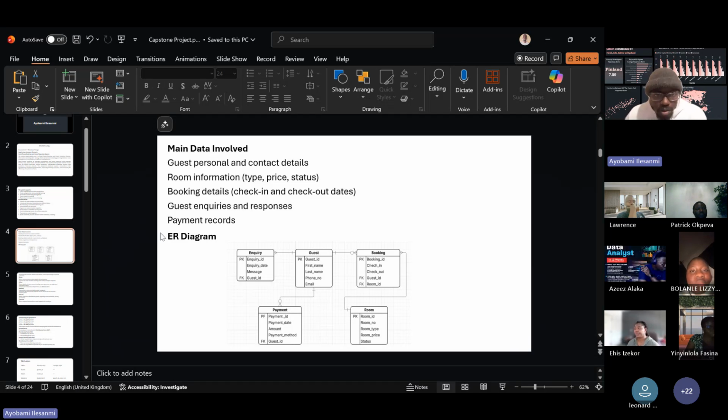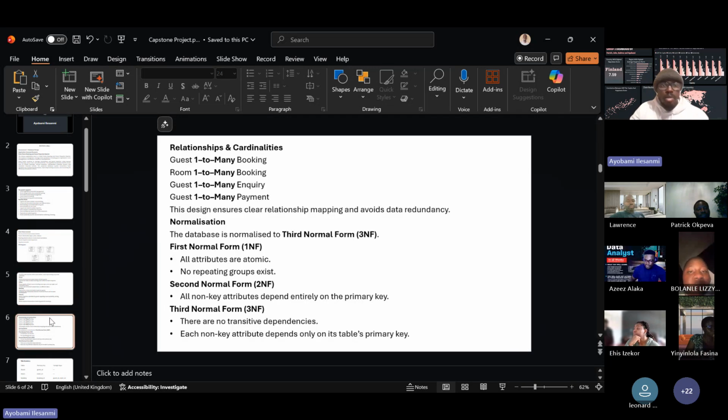We have entities such as inquiry, guest, booking, payment, and room with their corresponding attributes. So I'll just go direct to the relationship and the cardinalities, and also the normalization. Normalization, I made use of a third form of normalization.